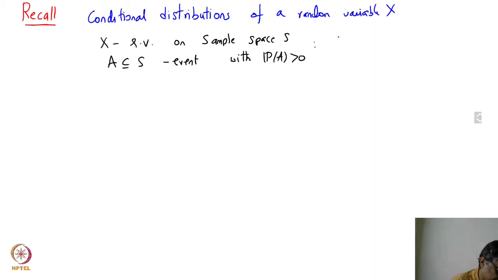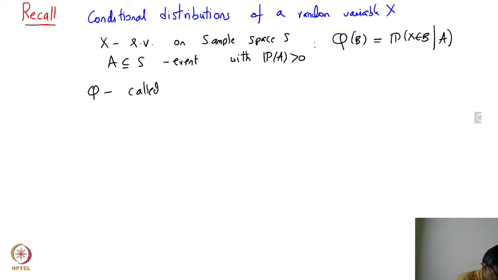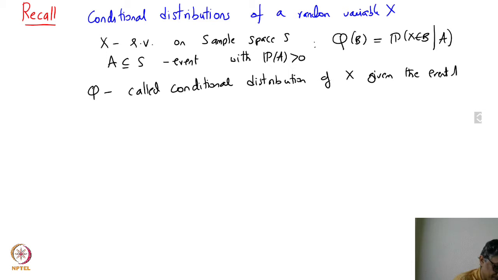Then what you could do is define a conditional probability Q of any event B as the chance of X in B given the event A. And Q is called the conditional distribution of X given the event A. That's the key concept we studied last time.